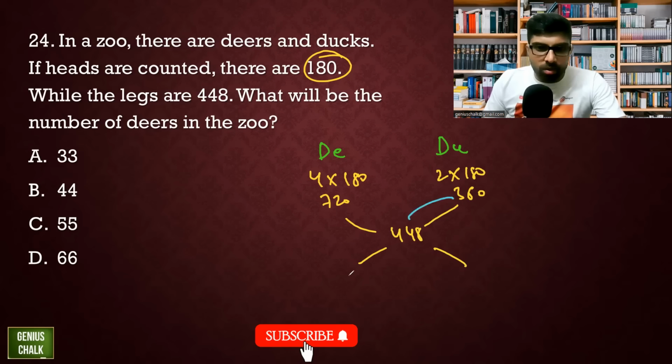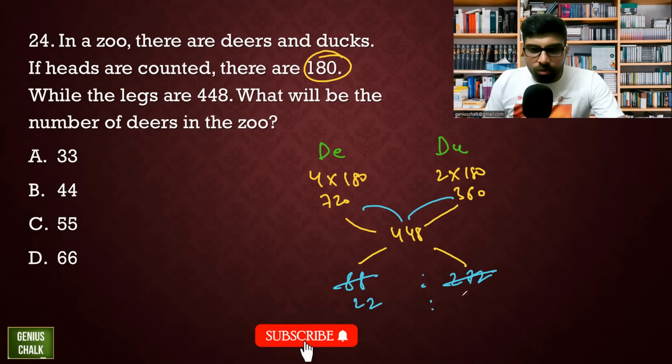What is the difference? Here it is 88. What is the difference? 272. Solving it, 88 to 272, this is 22 to 68. The total has to be 180.